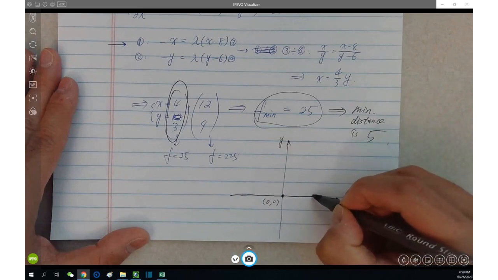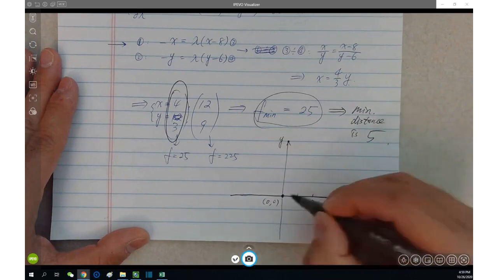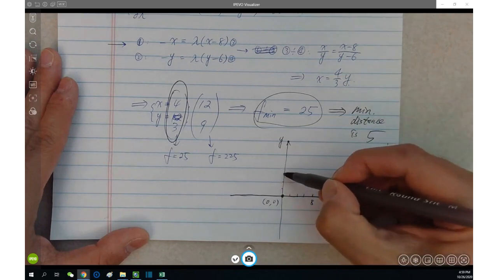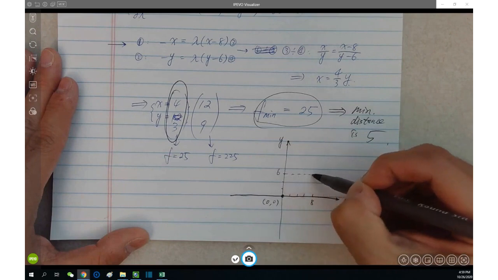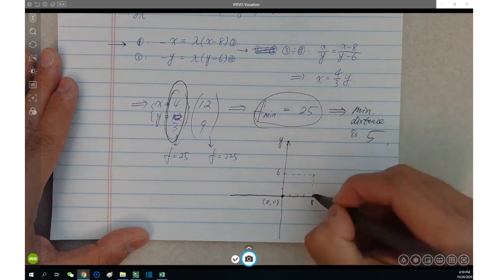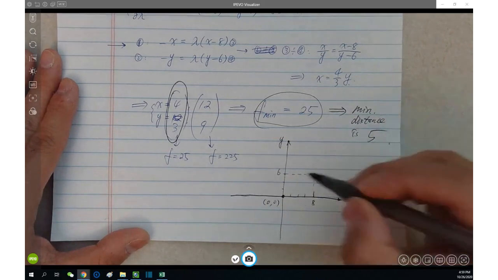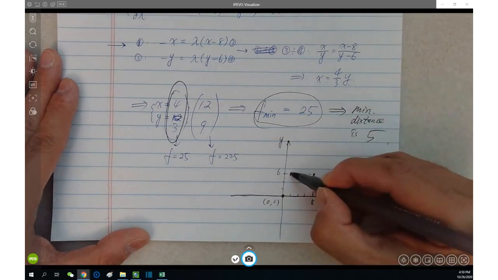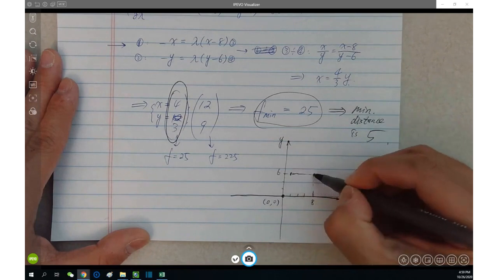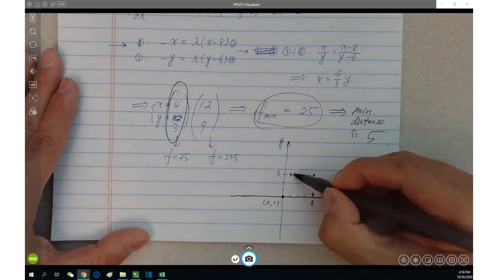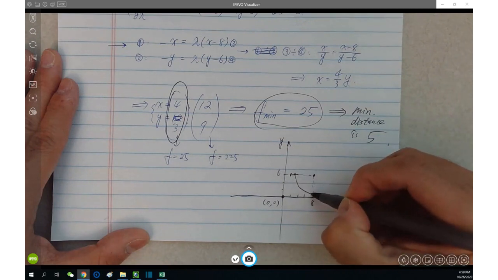See, this is 8, and then 6. Center point, right? With radius of 5. This much is 5. This is a quarter of the circle.